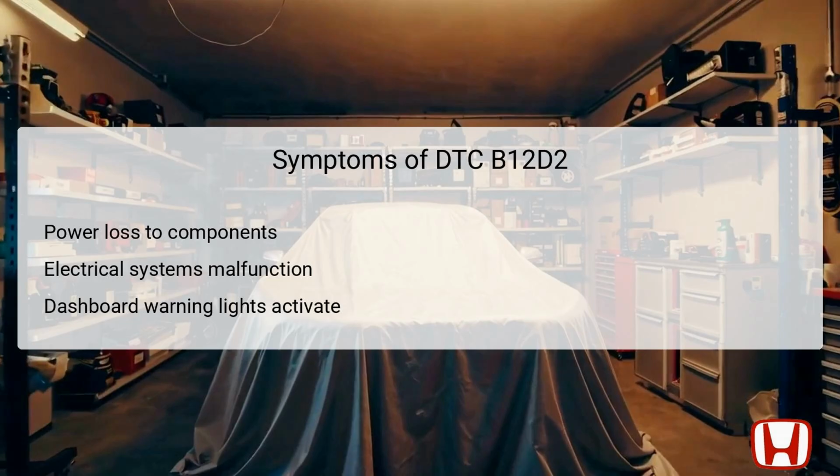Significant changes in the operation of ignition and electronic accessories may also be evident. Given the BCM's role, any disruption in signal transmission can manifest as various electrical anomalies, which need to be closely monitored. Hence, identifying these symptoms is a critical step in the troubleshooting process to avoid further complications.